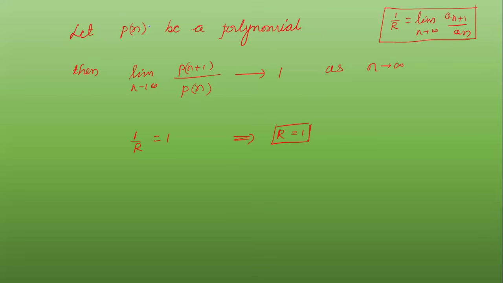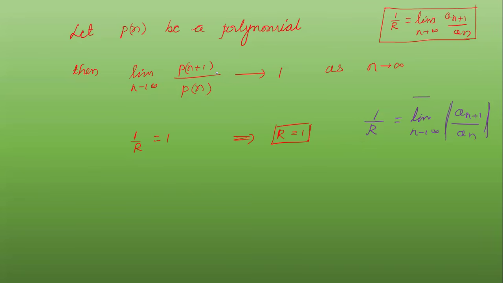Now, they have given P of n as a polynomial. We know that 1 by r is equal to the supremum of the limit as n tends to infinity of a_(n+1) divided by a_n. This is the condition for radius of convergence.